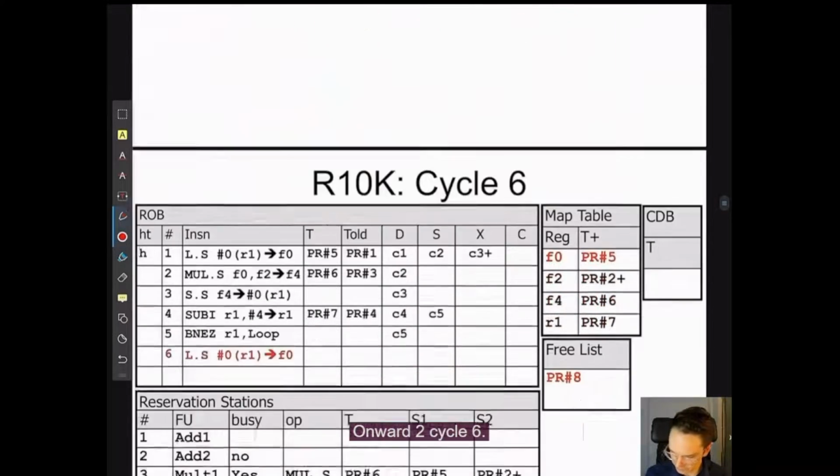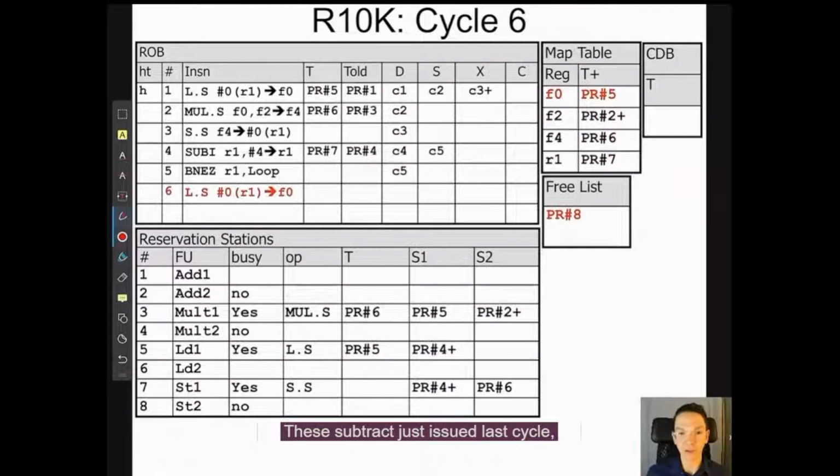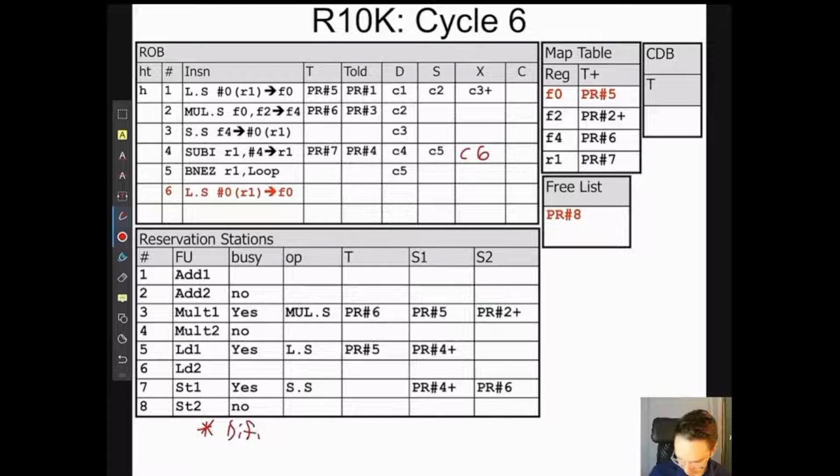Onward to cycle 6. The subtract just issued last cycle, so it starts its execute and it finishes in cycle 6. But here's something exciting and different from Tomasulo.